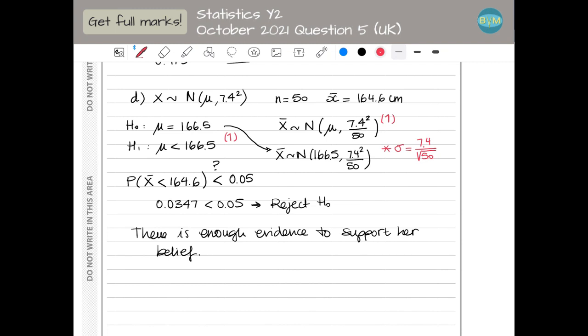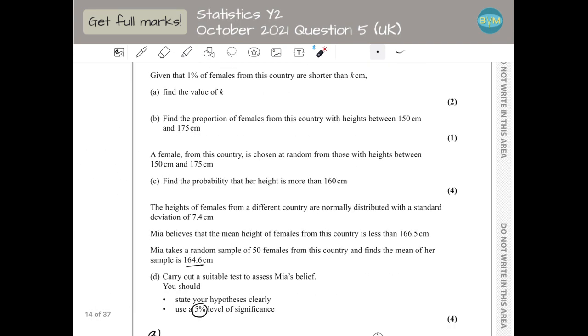And then you have 1 mark for finding this probability. And the 4th mark is for your conclusion. Remember always to write if you accept or reject, or if you write a line like this, it's even better. So these are the 4 marks of this section. And that's all for this question.